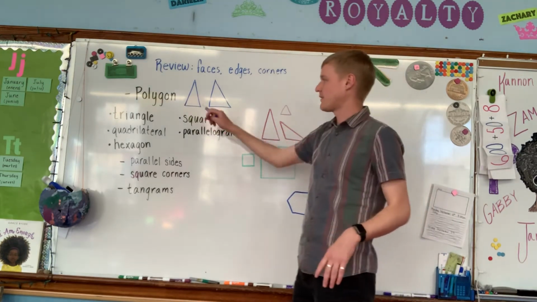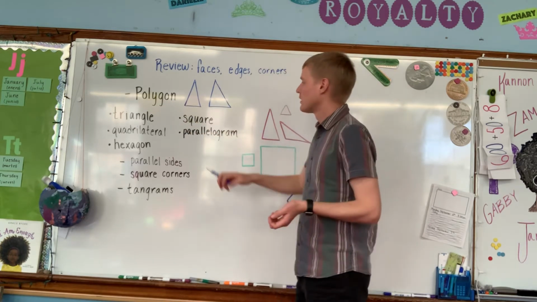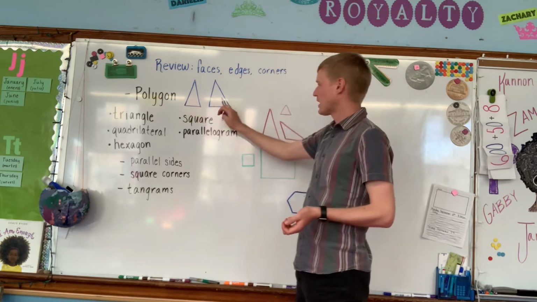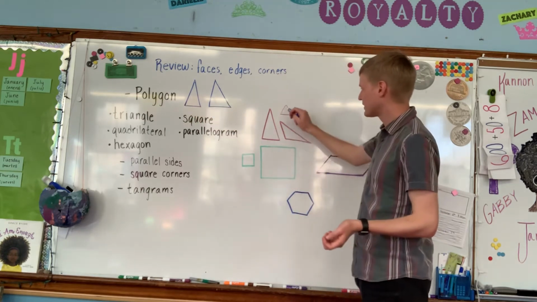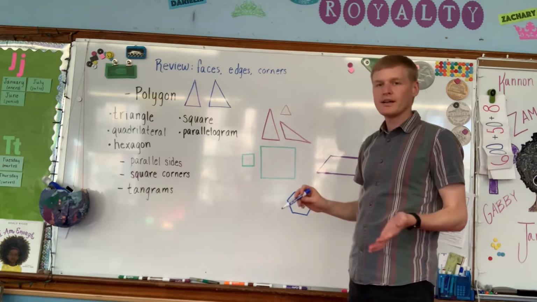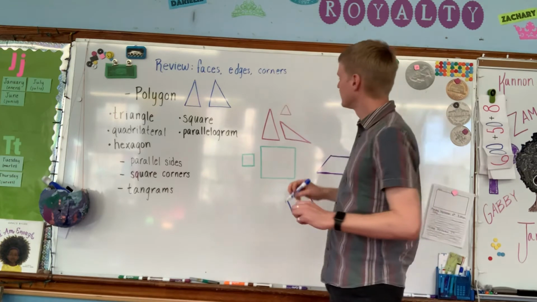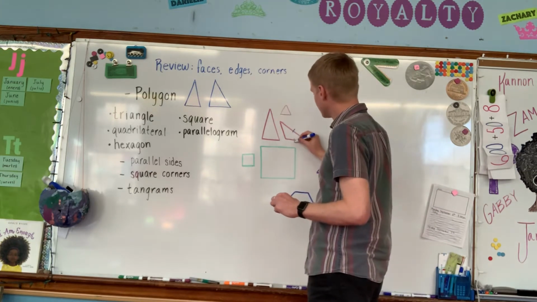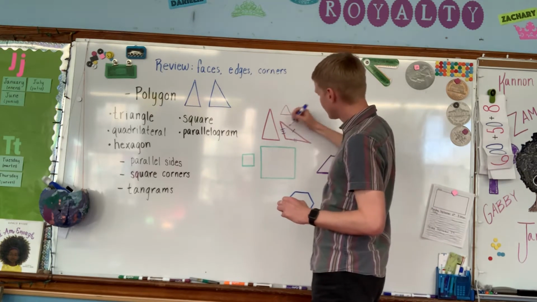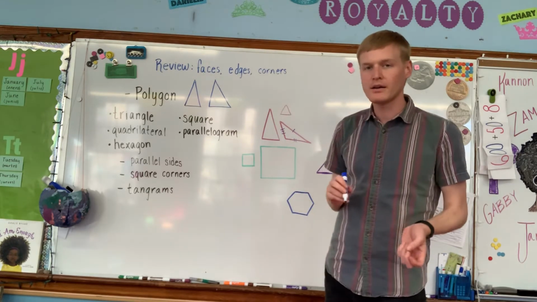So these next 5 shapes we're going over, they're all polygons. The first one is a triangle. We have 2 triangles here. We have 3 triangles here. They can be small, they can be tall, they can be long. Triangles are just shapes that have 3 sides. 1, 2, 3 sides, and they also have 3 angles.